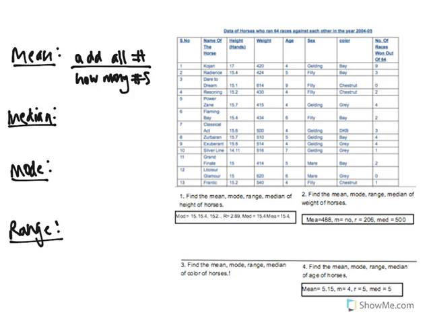And this kind of helps us to find the number in the middle, but also considering the lower numbers and the higher numbers in the data set.